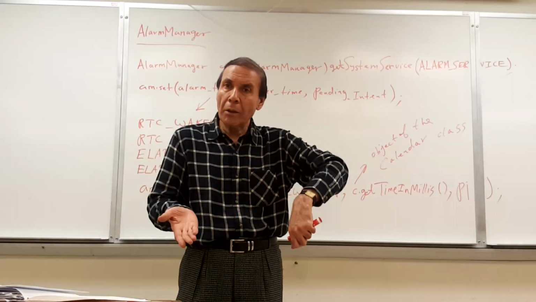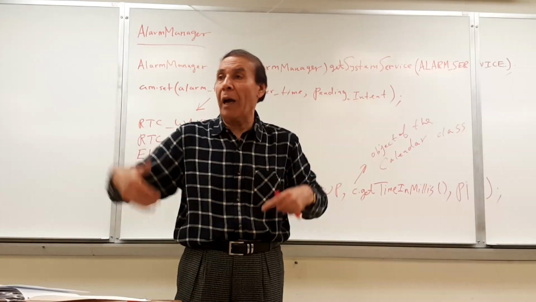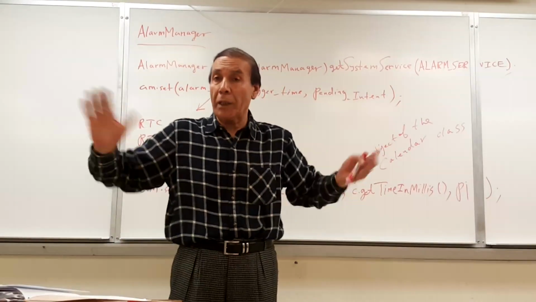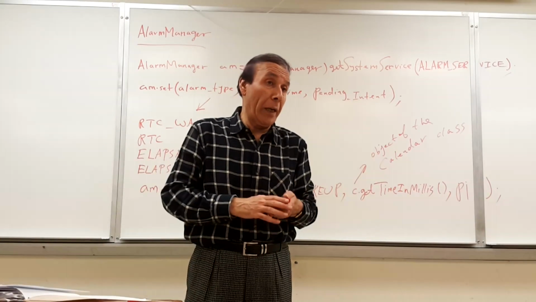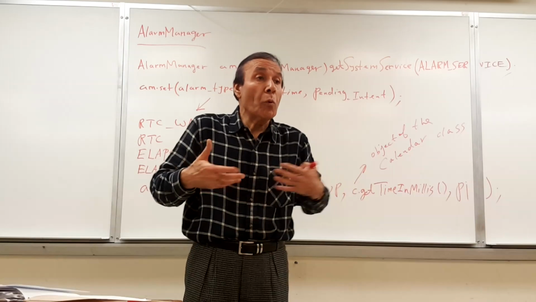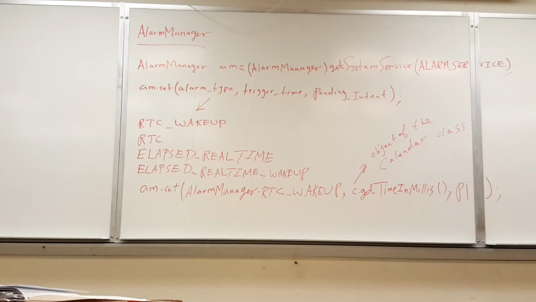How come it's not started yet? Sometimes it eventually started, and everybody was complaining. In fact, most of our programs that heavily were based on timing were not working properly after KitKat.